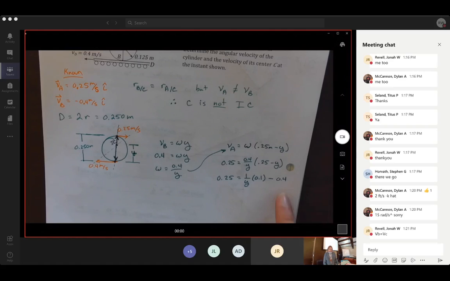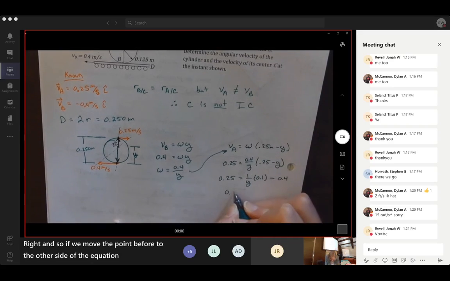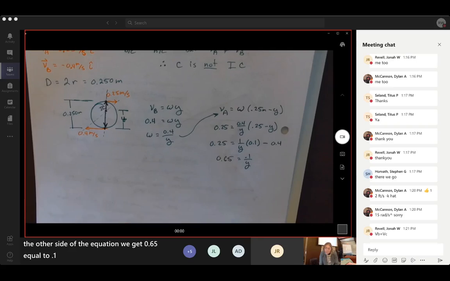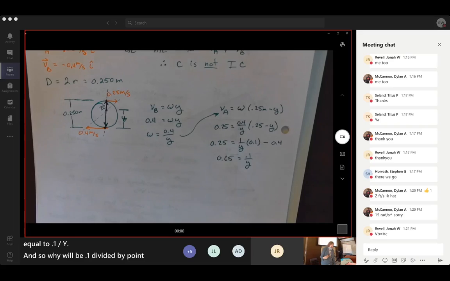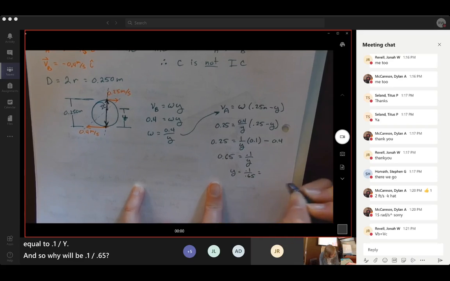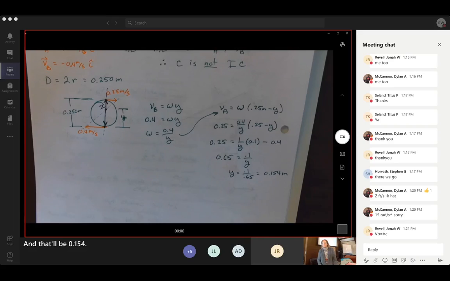If we move the 0.4 to the other side of the equation, we get 0.65 equal to 0.1 divided by y. And so y will be 0.1 divided by 0.65, and that'll be 0.154 meters.